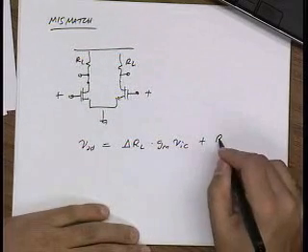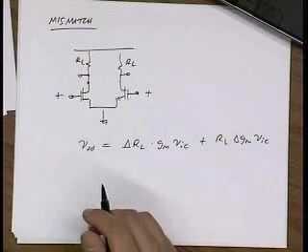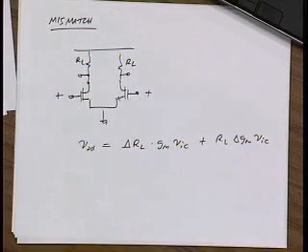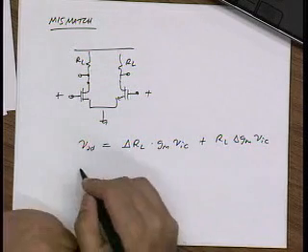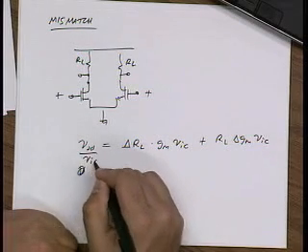Or if I don't have an RL mismatch, I have a delta GM mismatch.